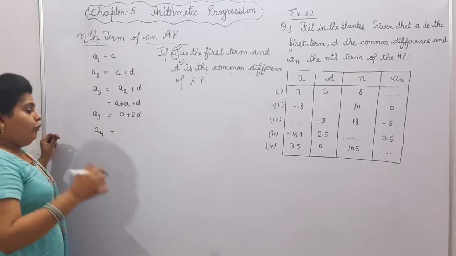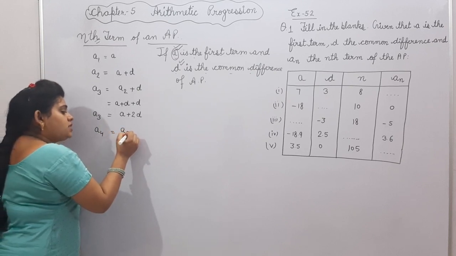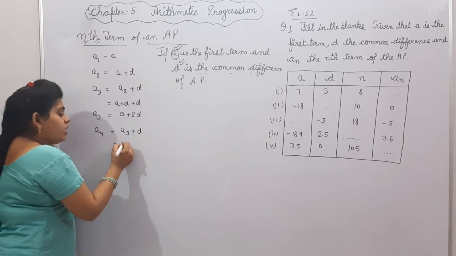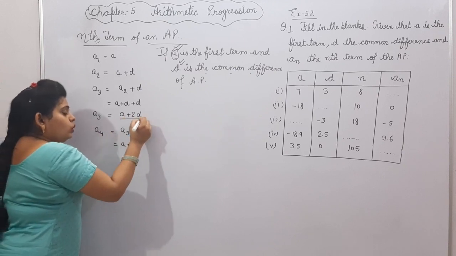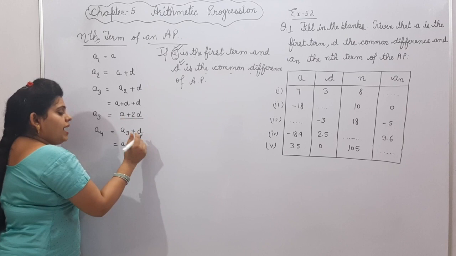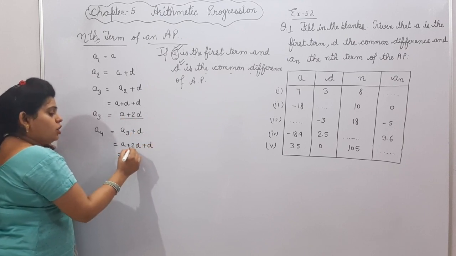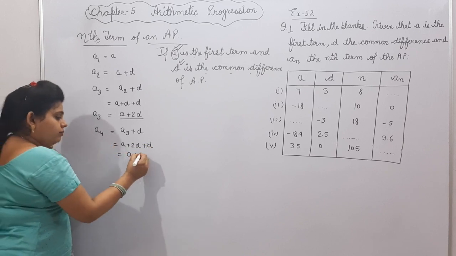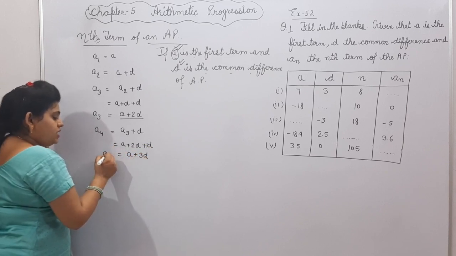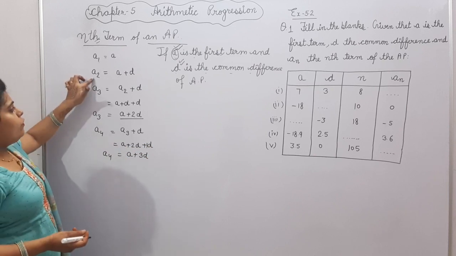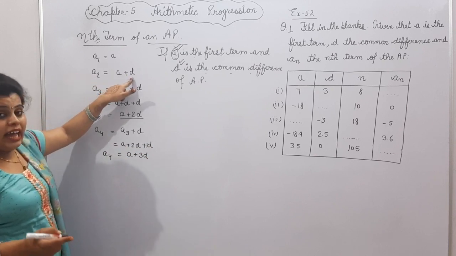How will we find A4? A3 plus D. What is the value of A3? A plus 2D plus D. Then it will equal A plus 2 plus 1, 3D. This is A4.